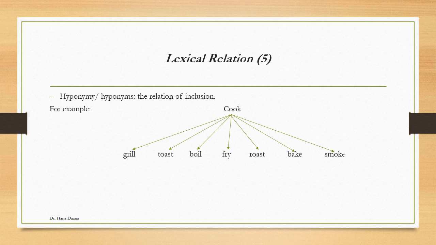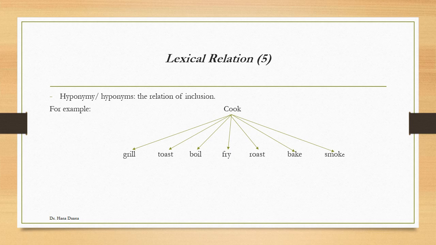Now, we said that cook means to prepare food by heating it. There is this kind of hyponymy relationship between cook and grill. When we defined hyponymy as the relationship of inclusion, that means that the meaning of grill includes the meaning of a more general term, which is cook.